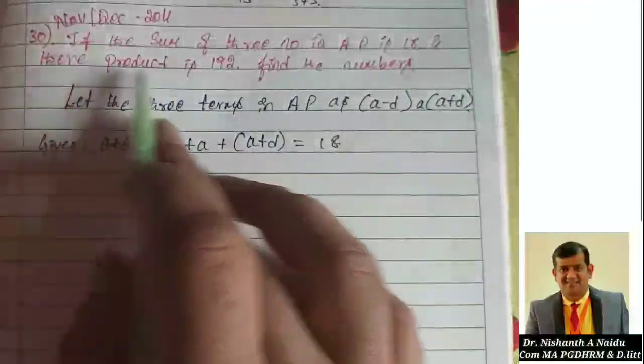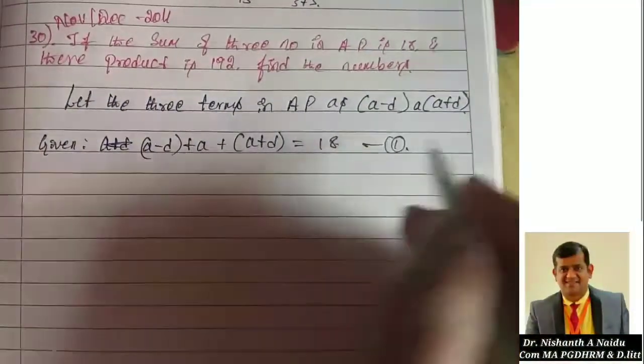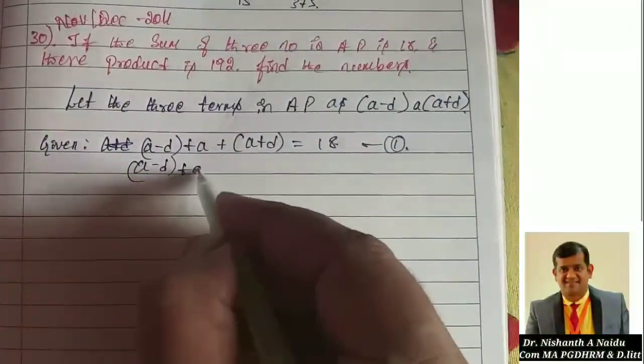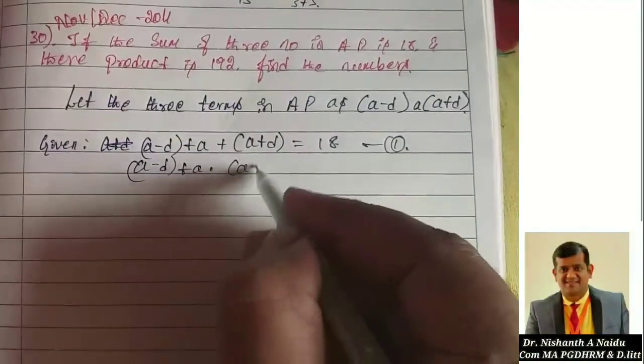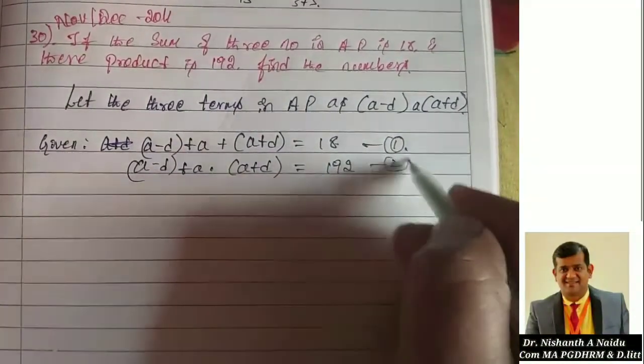So that is what he has given. This is called equation 1, and equation 2 is A minus D times A times A plus D equals 192.